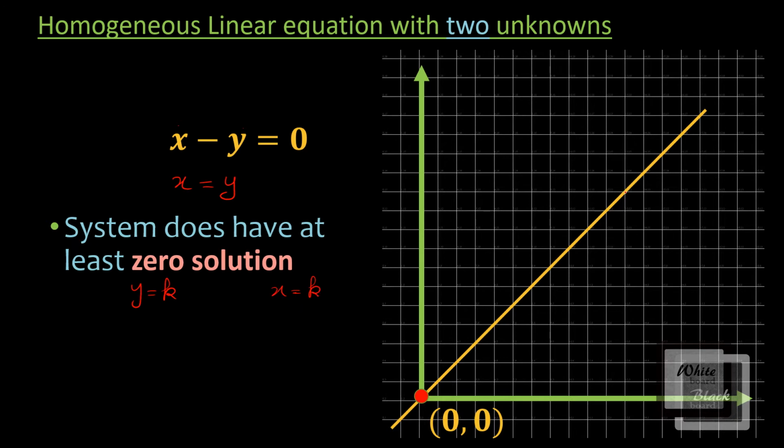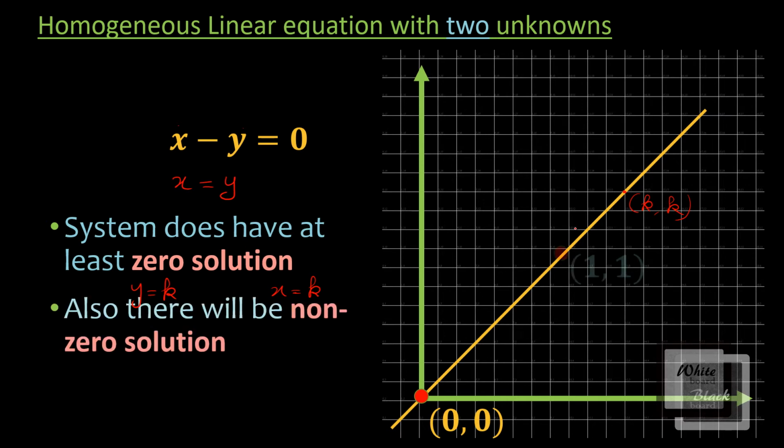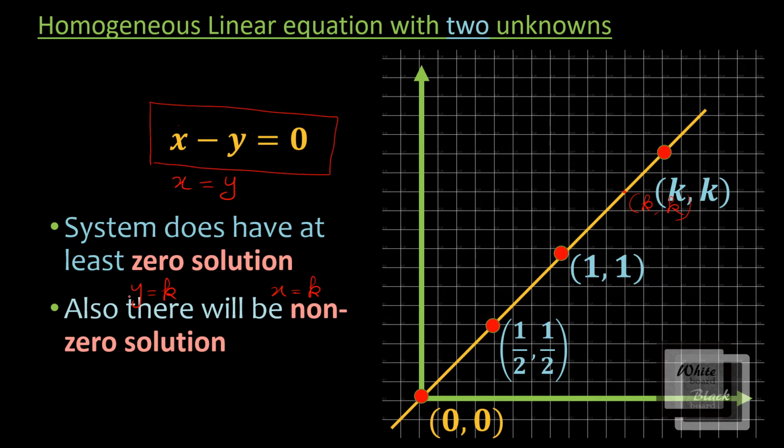There exists a point (k, k) which is also a solution of this equation, or you can say that there exist infinitely many points of the form (1, 1), (1/2, 1/2), (2, 2), (3, 3), such that these all are solutions of this line x minus y equals 0. So in that case we will say that the system will have a non-zero solution.